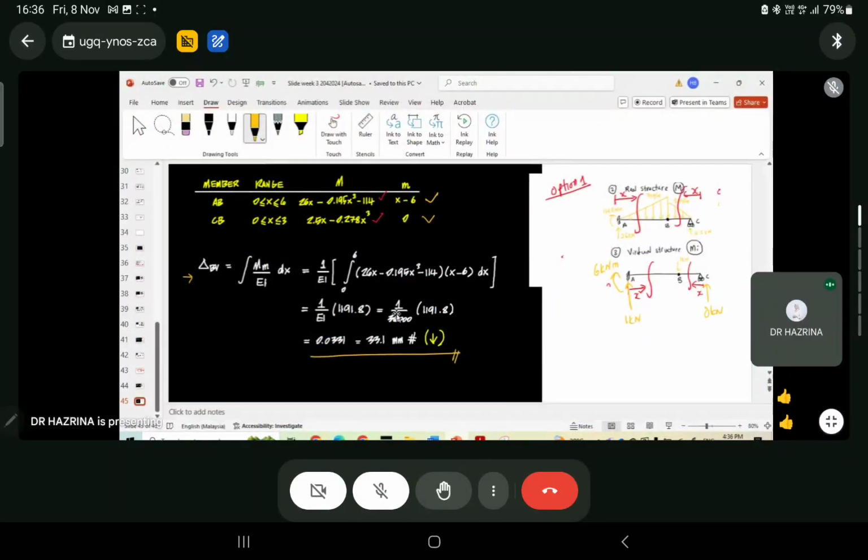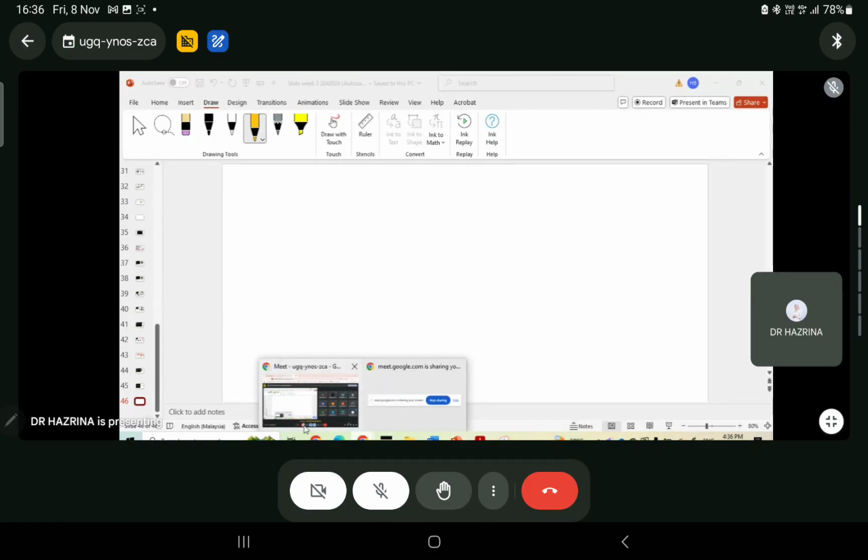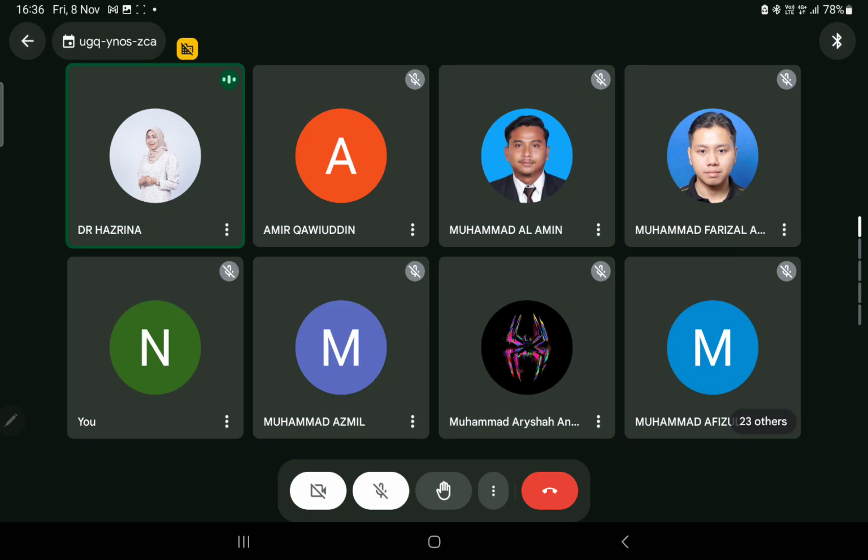So now, let's move on. If you have a what we call it, a frame structure. Okay, sekejap. Kalau kita ada frame structure, macam mana pula kita nak kira? Tadi kita ada hanya untuk beam. So now let's move on if we have a frame structure.